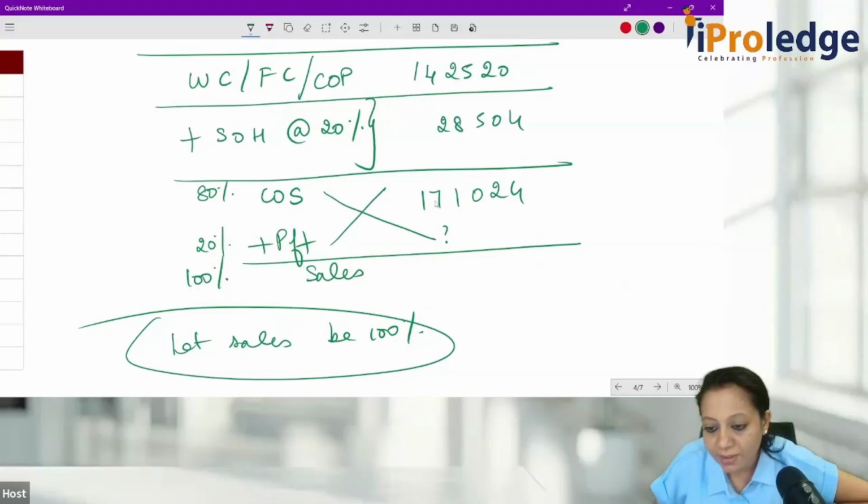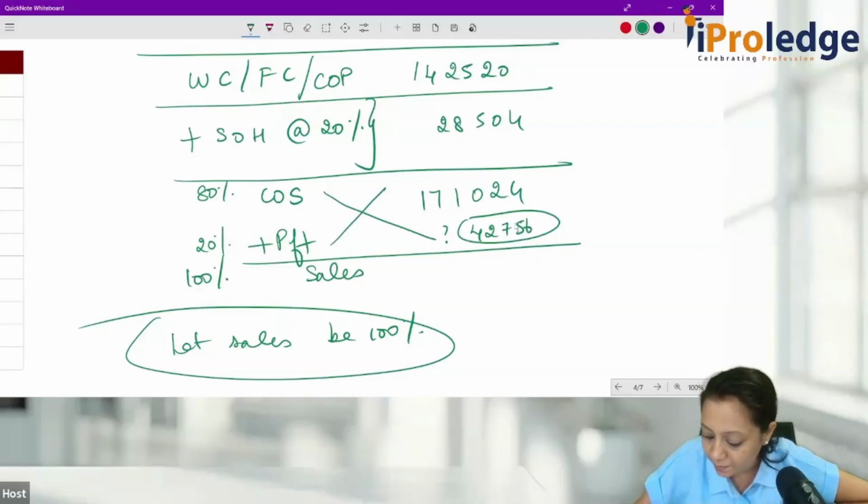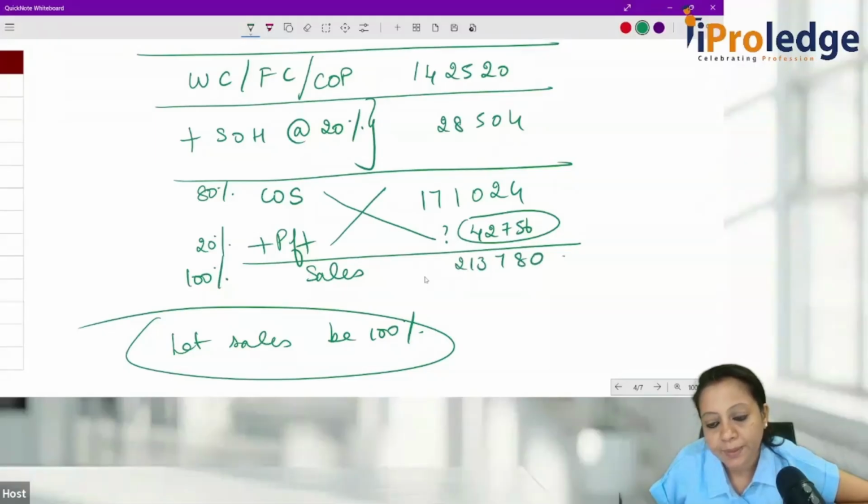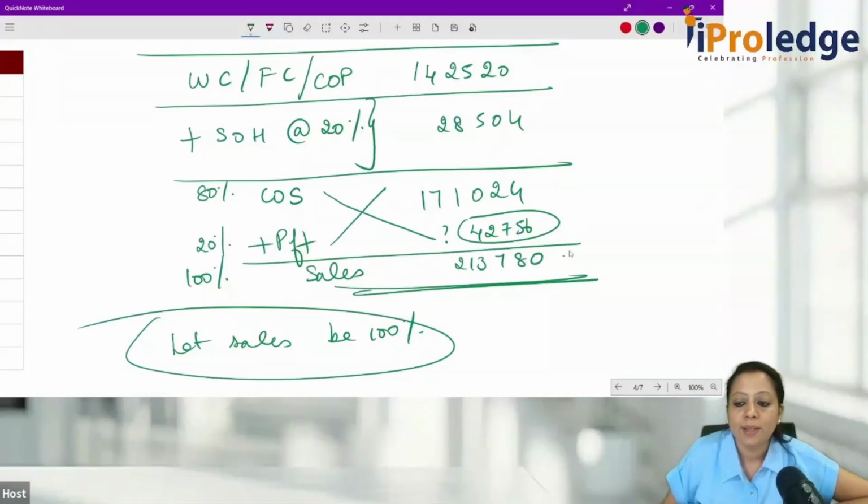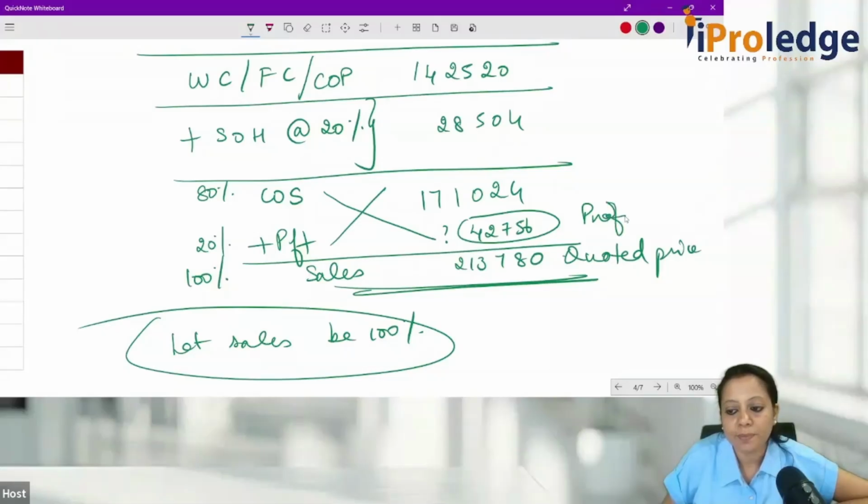Profit is 42,756. Sales is 2,13,780. That is the quoted price, and this is the profit.